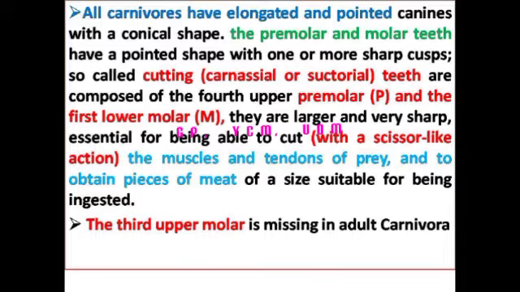They are large and very sharp, essential for cutting the muscles and tendons of prey and to obtain pieces of meat of a size suitable for being ingested. The third upper molar is missing in adult carnivores.